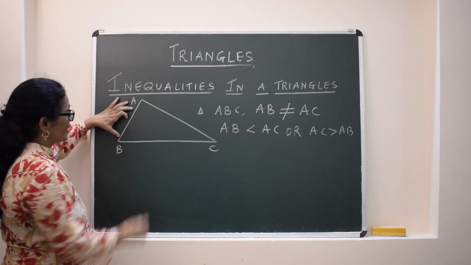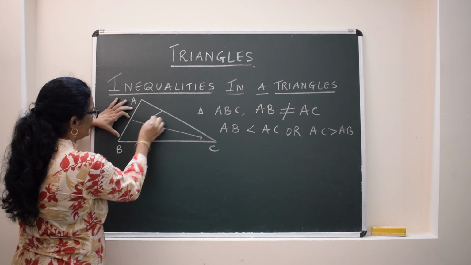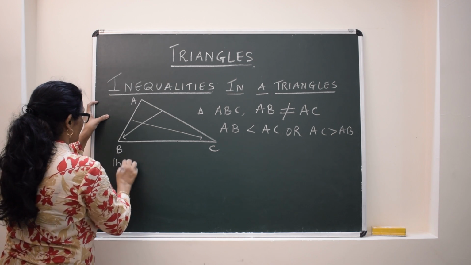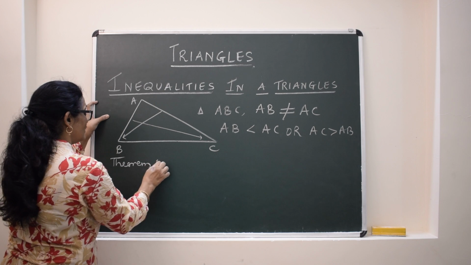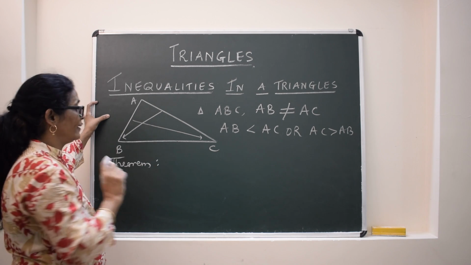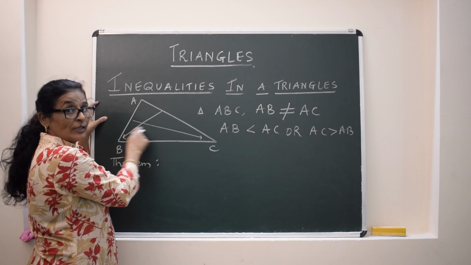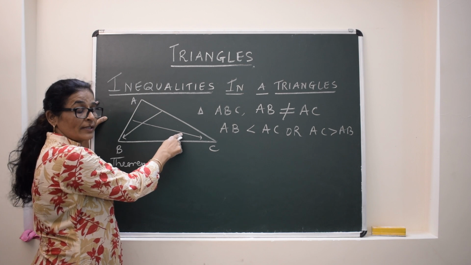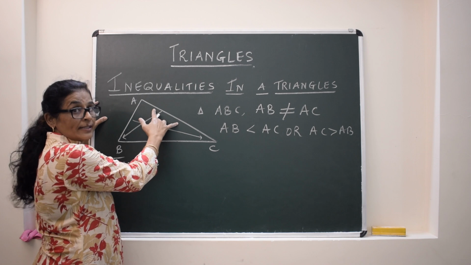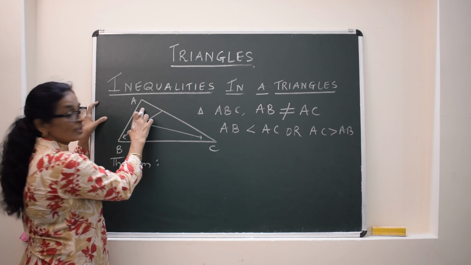Now in front of this AB, which angle is drawn? Angle C. In front of this AC, angle B is drawn. The theorem says that in a triangle, when two sides are unequal, then the angle opposite to a smaller side will be smaller. Or in other words, the angle opposite to the greater side, means the longer side, will be greater. So here in this case, AC is bigger than this AB.